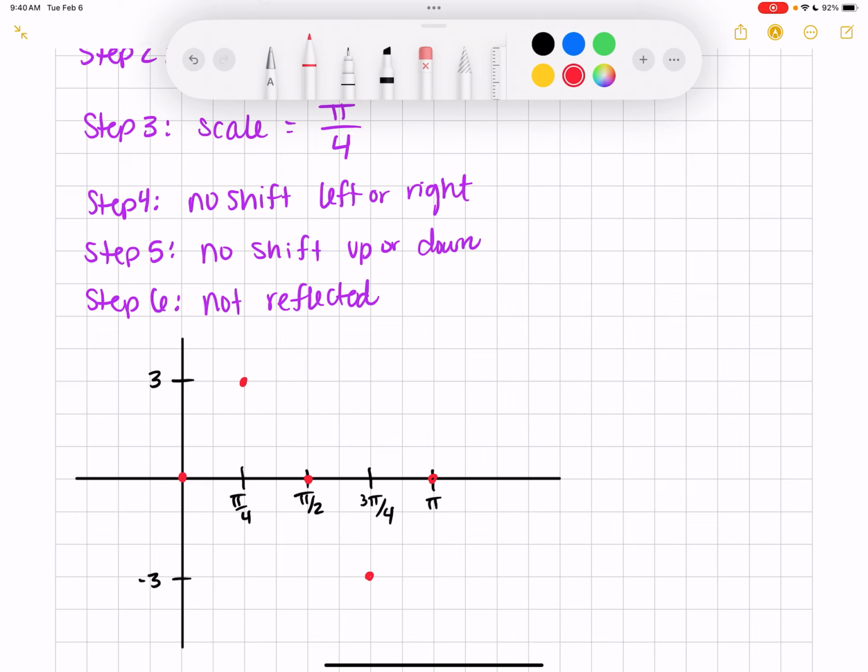Now, when you connect these, it does not look like this. It's not points like this. It's curved. It's going to look like this.